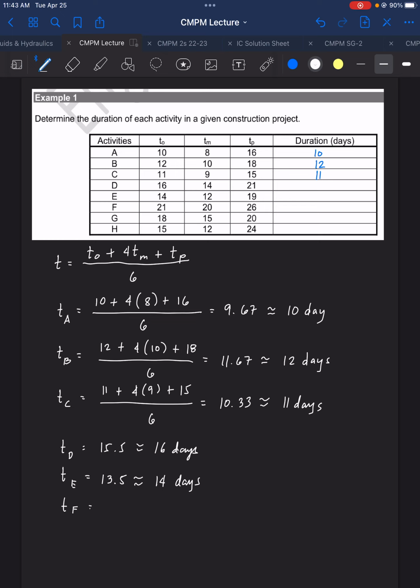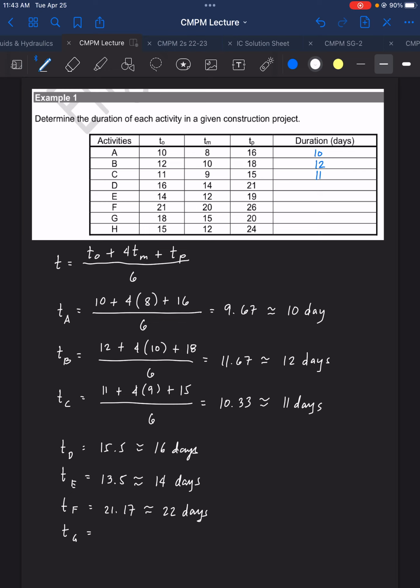Time F, that is 21, 20, and then 26. It's 21.16, or that is 22 days.